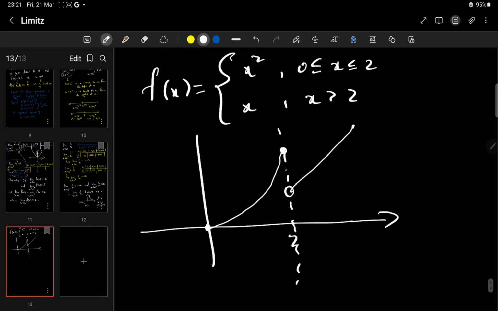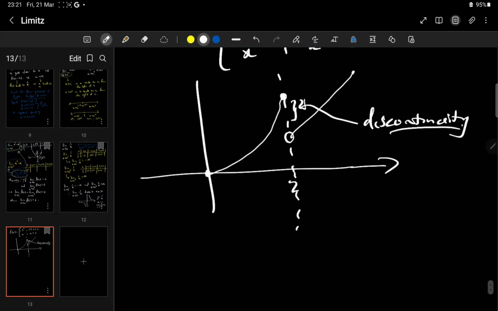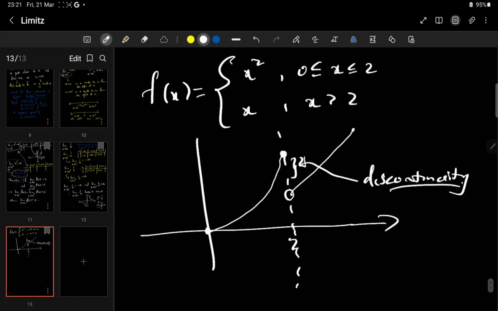You can see that here we have a jump, or a discontinuity. So the graph is discontinuous here. Because of this discontinuity, the limits won't be equal.